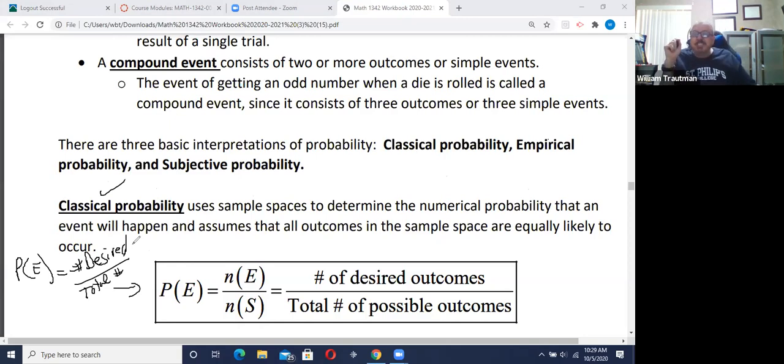The number of desired, the ones we're looking for, divided by the total number of possible outcomes. And we're actually going to be doing that today.